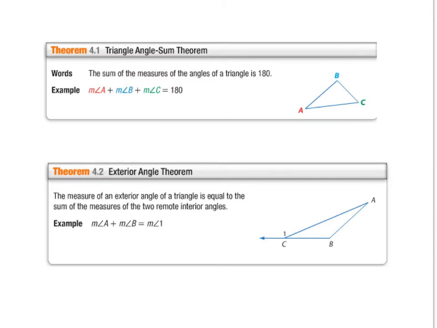And then also the exterior angle theorem, which, as you know, we call the TEAT, triangle exterior angle theorem, which says that in any triangle, an exterior angle is equal to the sum of the two remote interior angles. So angle 1 is equal to the measure of angle A plus the measure of angle B.